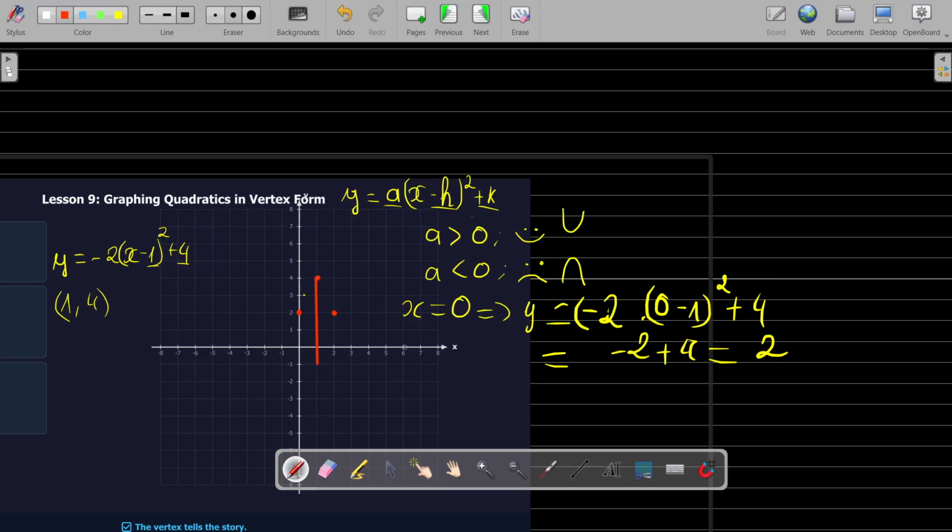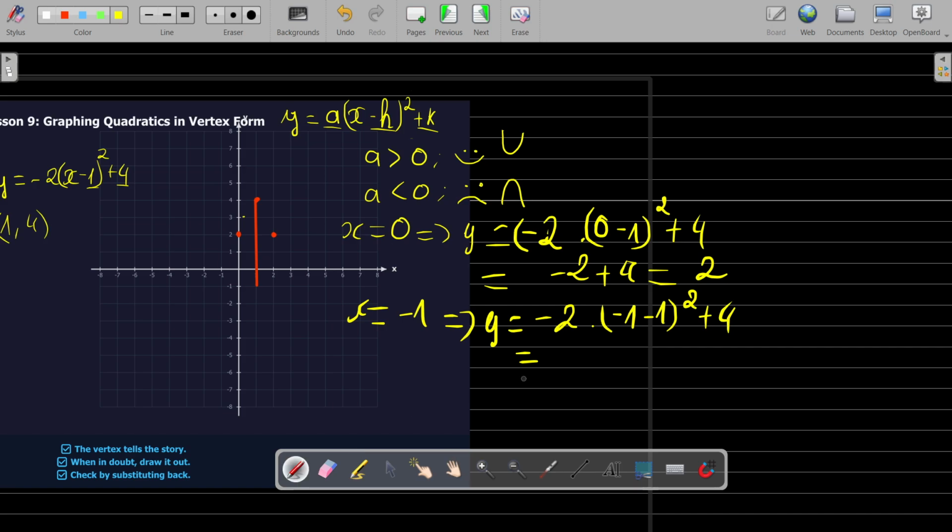Good. Now we need to find x equals minus 1. So it means that y will be minus 2, minus 1 here, squared plus 4. This will be minus 2 squared plus 4.